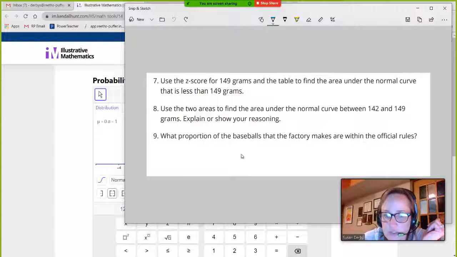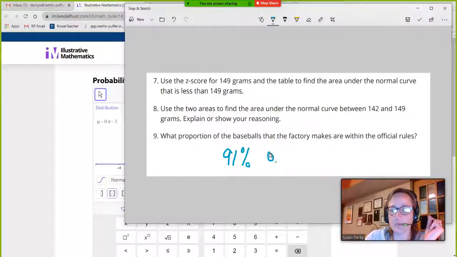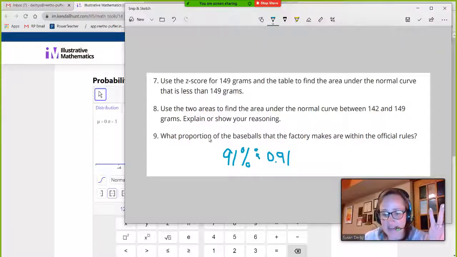And so the proportion of baseballs that the factory makes that are within official rules would be that 91% that we're finding, or 0.91. Right, just putting an or in there. So that kind of gives us a great sense of what we're looking at.